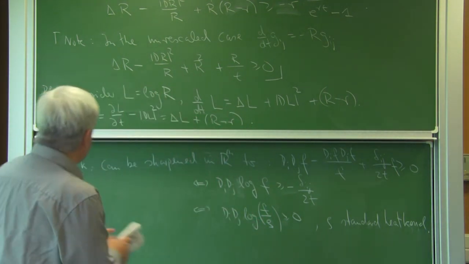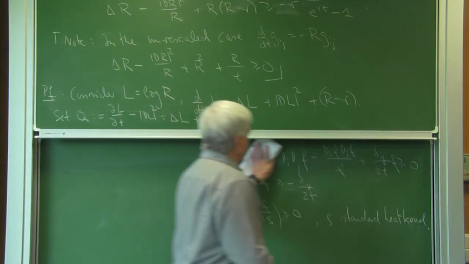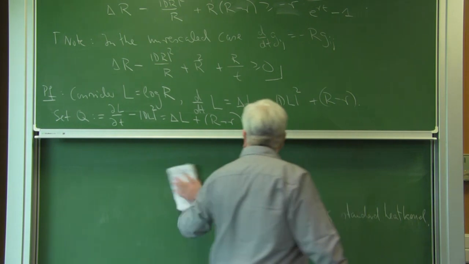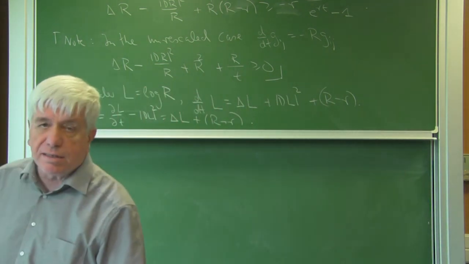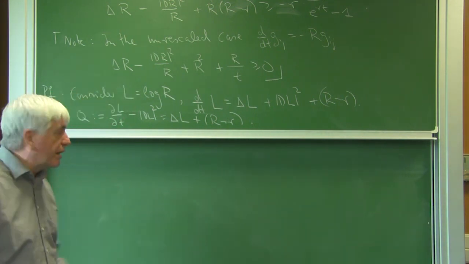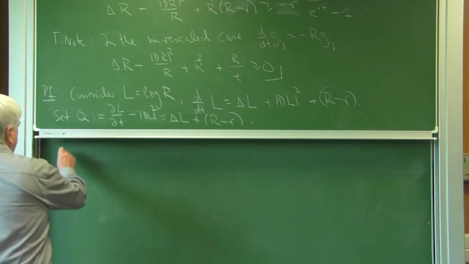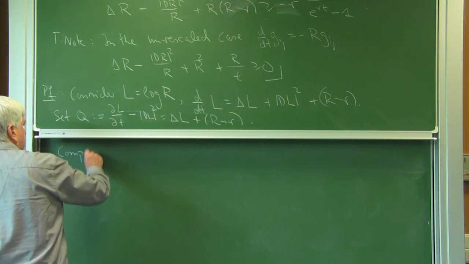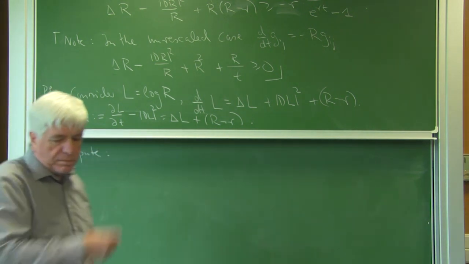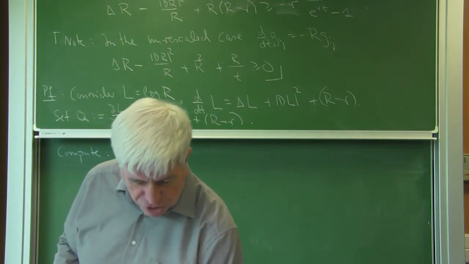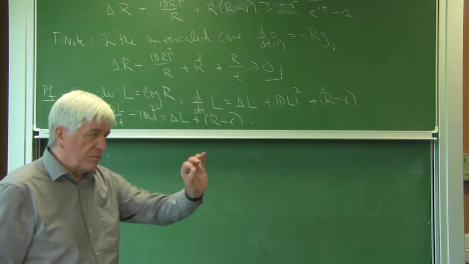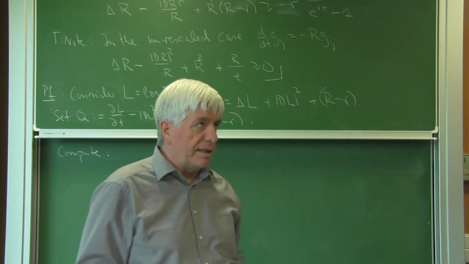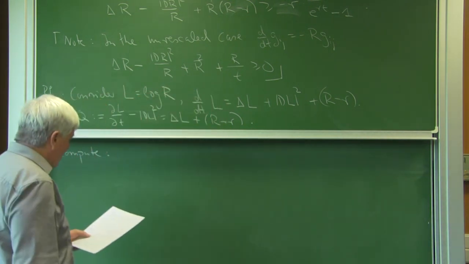And now you just compute, and the computation is the same one. The only thing you have to keep in mind is that d/dt of the Laplacian is not 0, you get an extra term. It's a good exercise. Follow the computation in the linear case and just watch out that d/dt of the Laplacian is not 0, but you have to differentiate the g upper ij, which gives you an extra term.